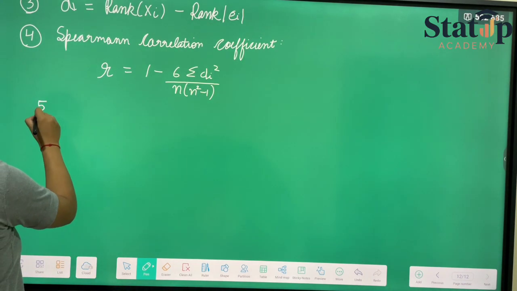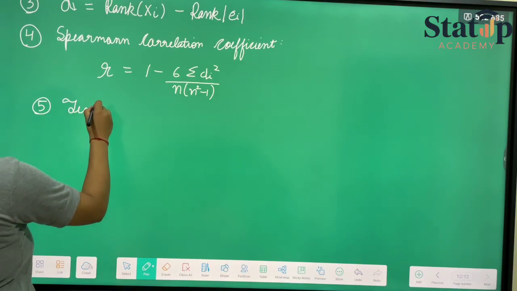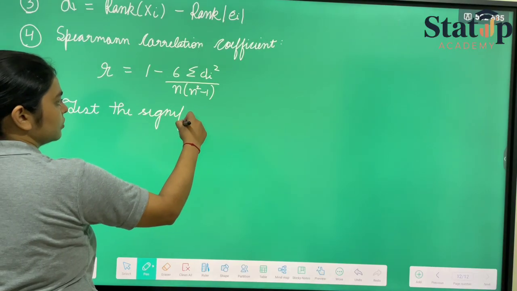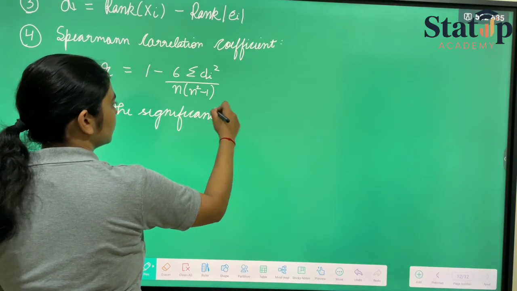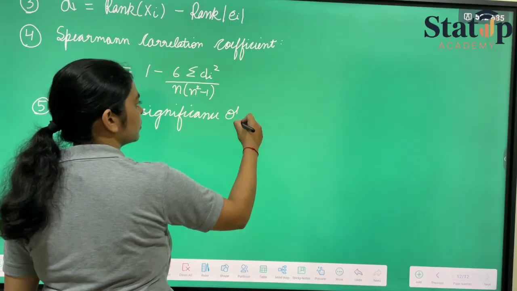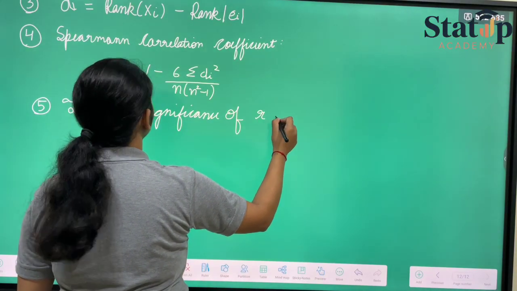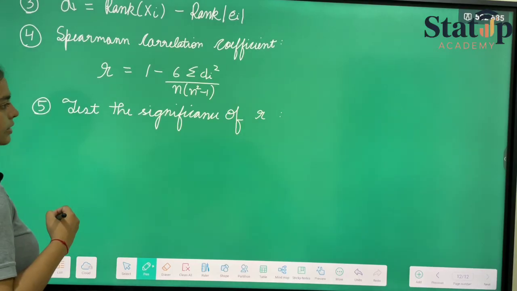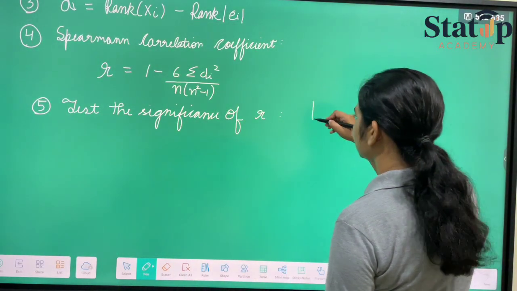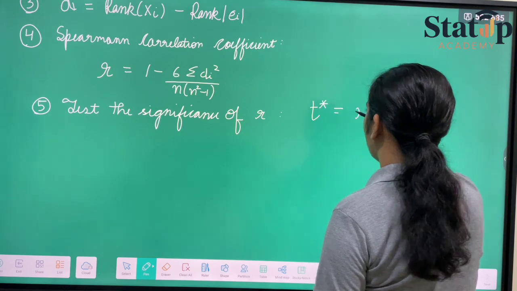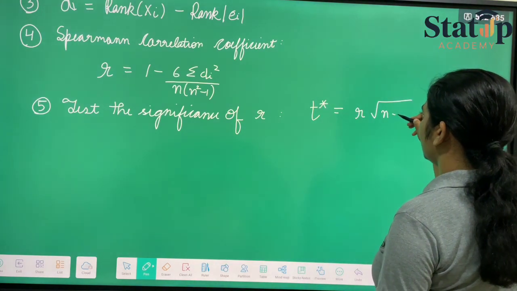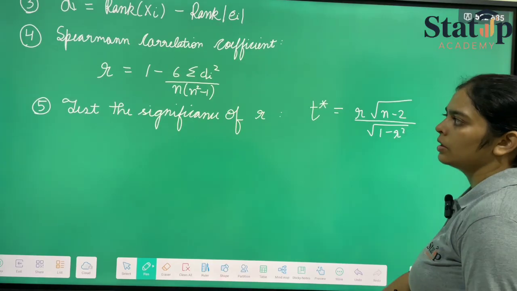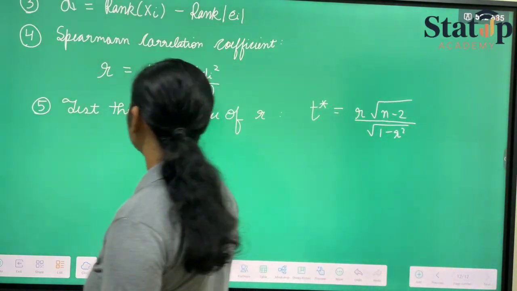And the fifth step was to test the significance of r, which is the Spearman correlation coefficient. To test the significance, we will calculate T star as r into under root n minus 2 upon under root 1 minus r square. This is our test for significance of r.